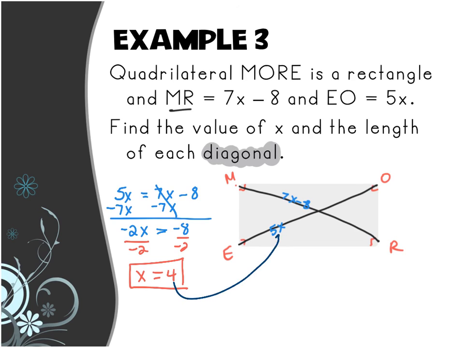I can plug it back in here or here because it should be the same. What's going to be easier? 7 times 4 minus 8 or 5 times 4? So x is 4 and the diagonal would be the same no matter what you plug it in. That's how you can check it. And it should be 20.